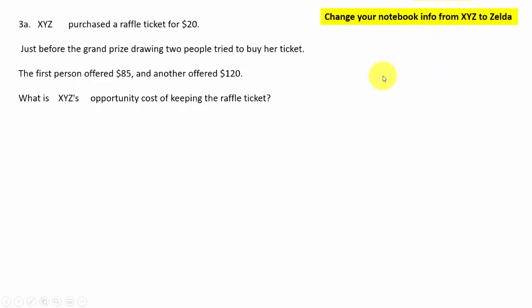You don't have to do that if you don't have a notebook, but you can just see I'll do it here. So Zelda here purchased a raffle ticket for $20. Just before the grand prize drawing, two people tried to buy her ticket. The first person offered $85 and another offered $120.